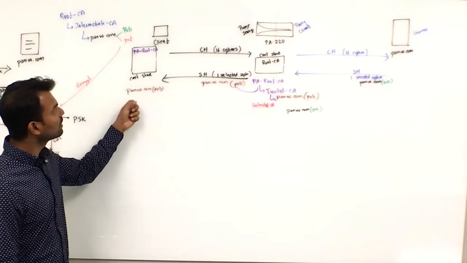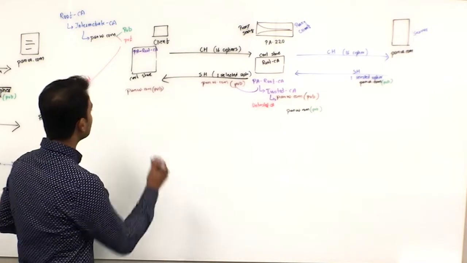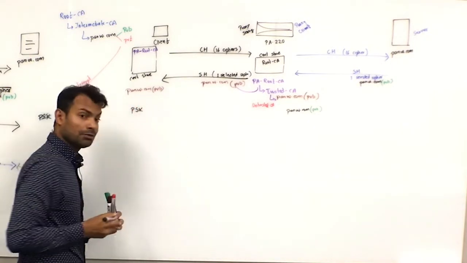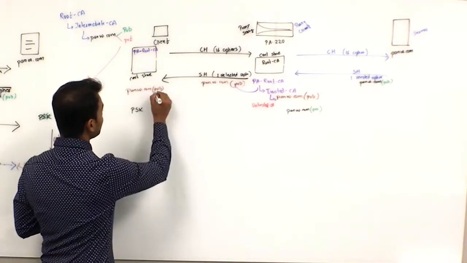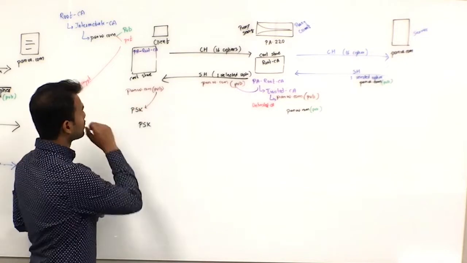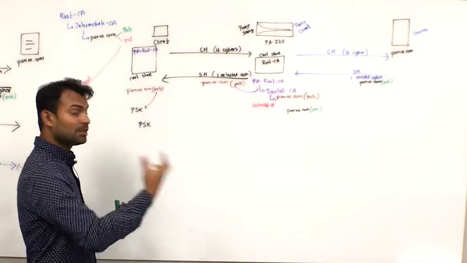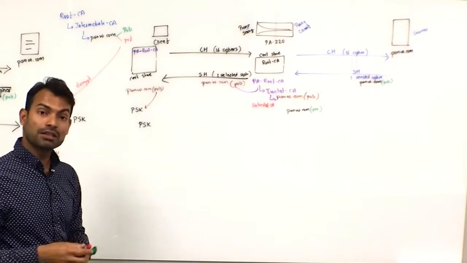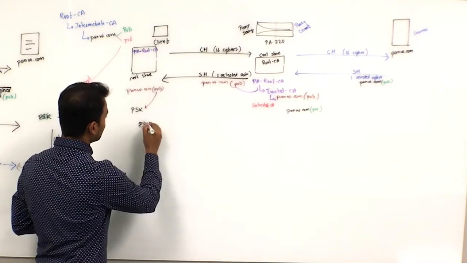Now that we have received that server certificate on the client PC, the client PC can generate a PSK. And like before, the client PC will use the public key it had before. So the client PC generates the pre-shared key, which needs to be sent to the server, but it has to be first encrypted by the public key which we received from the server.